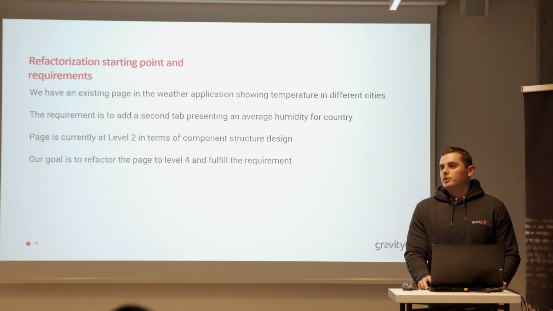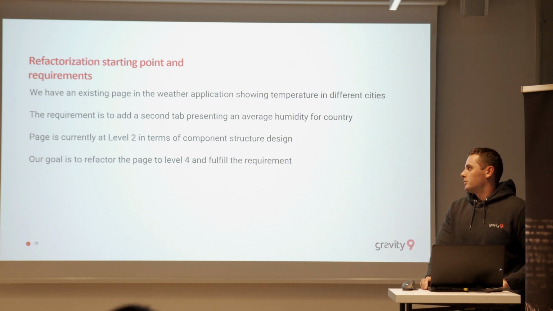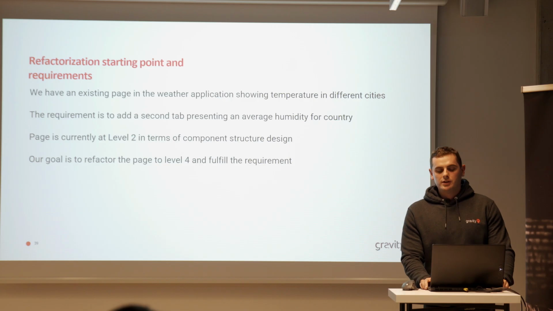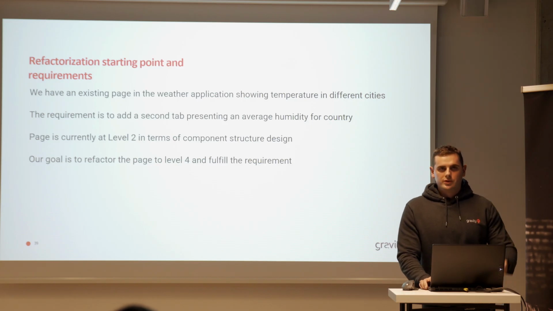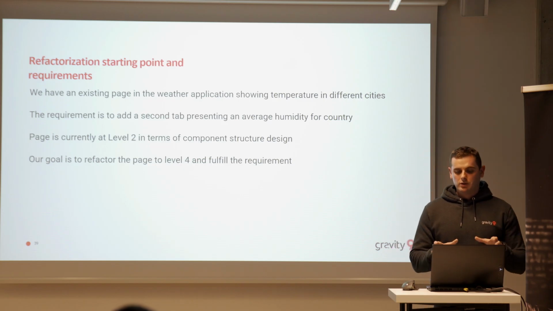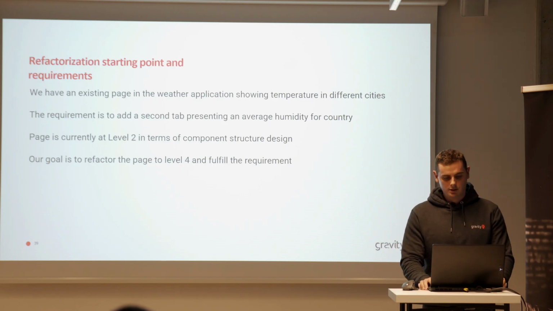And the business came to us and they want us to add a second tab. Instead of temperature data, it will be presenting humidity data, and not for the city, but for the country. So we'll still have 3 regions, still 3 columns, but we want to present different content inside of them. The current solution is at level 2. And our goal is to implement the feature and also refactor the page, so it's level 4 and is using content projection.